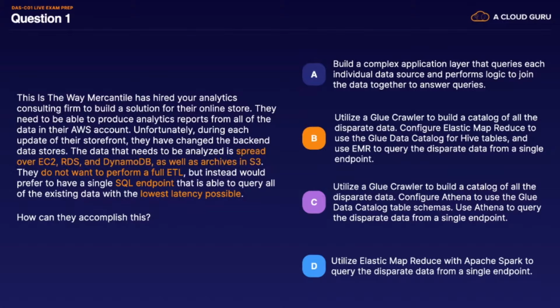And then our data is spread over EC2, RDS, DynamoDB, as well as archives in S3. So we need something that is able to access all of that data in one place and provide a SQL endpoint. And then produce analytics reports from all of the data in their AWS account. So that's a little vague, but it's probably referring to those services down below.